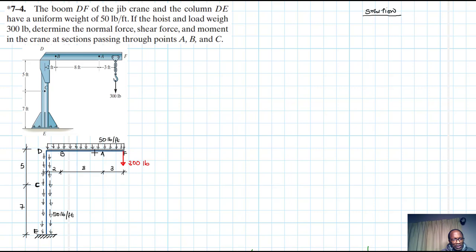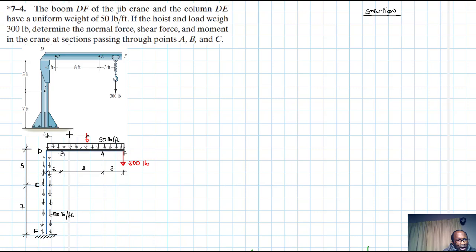Right, so having drawn this particular structure in this manner, we now need to just add the support reactions, which is a free body diagram. So this distributed force, which is the uniform weight of the crane, will be acting at the midspan, all through the centroid. And the distance will be just half the length of this rectangular uniformly distributed load.